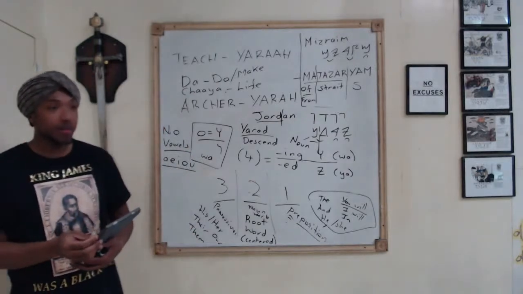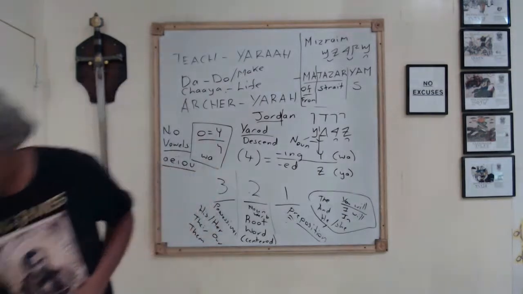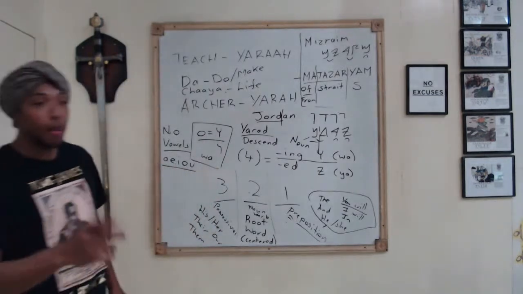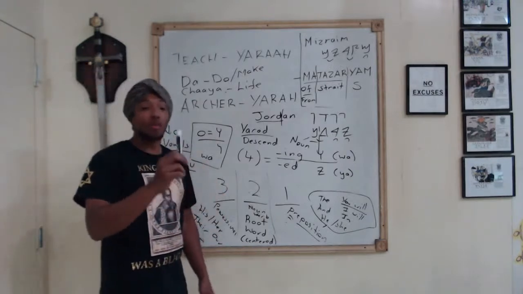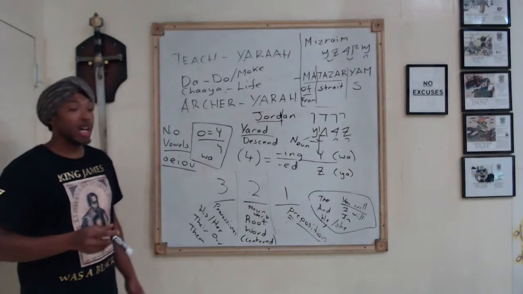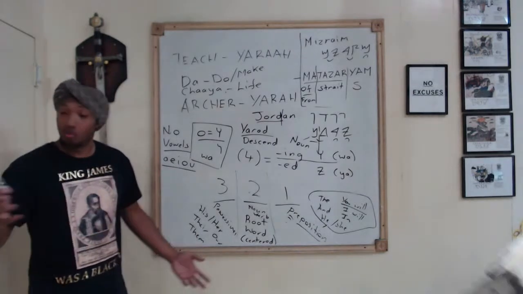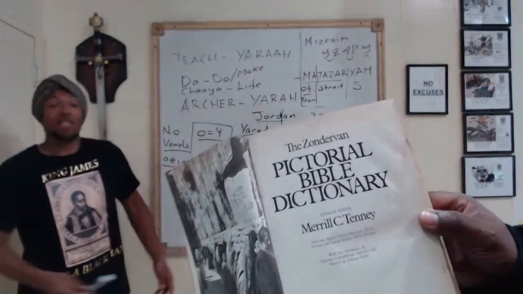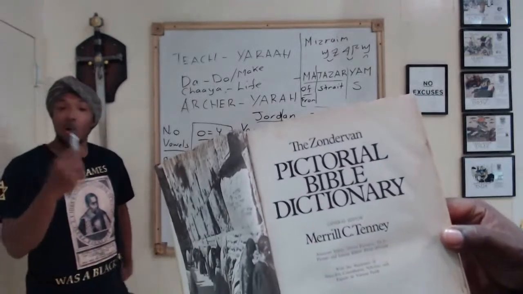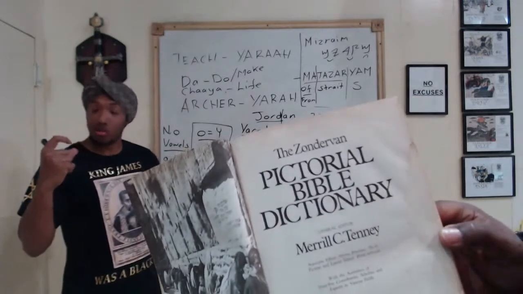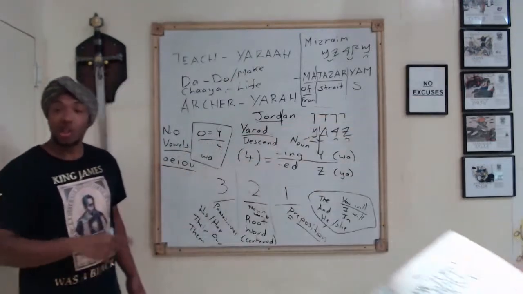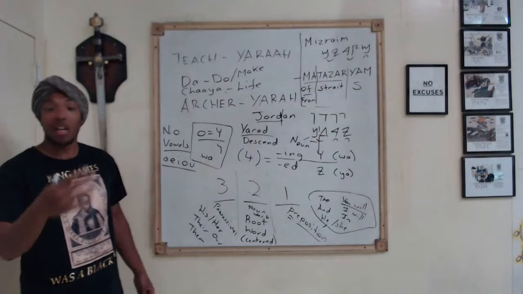Jordan River. So this is the Zondervan Pictorial Bible Dictionary, the leading scholar in biblical information. Zondervan is a very rich Caucasian family, and they're very well-known scholars in the Bible based on their financial ability to pull resources together and have studies.